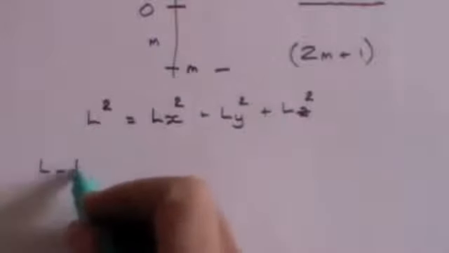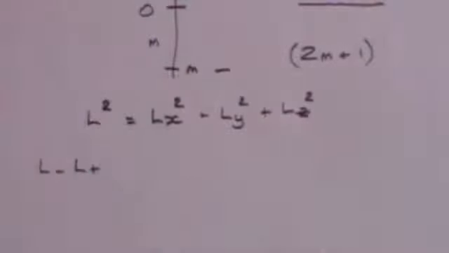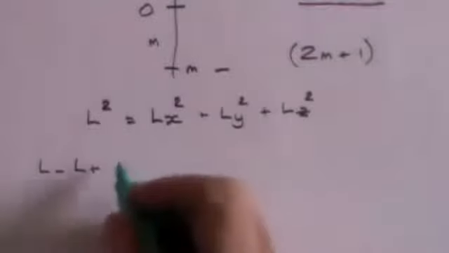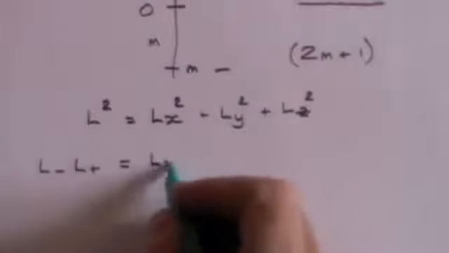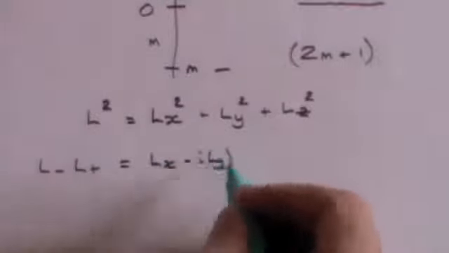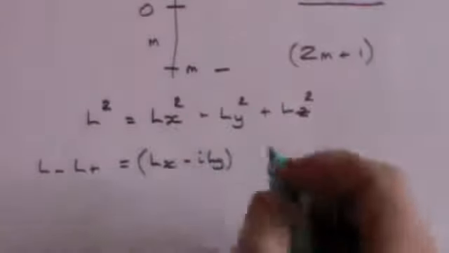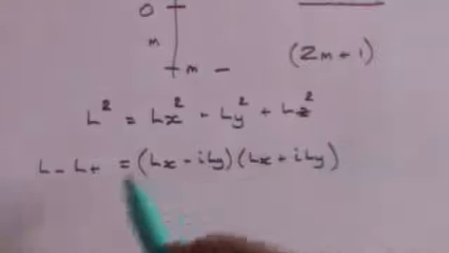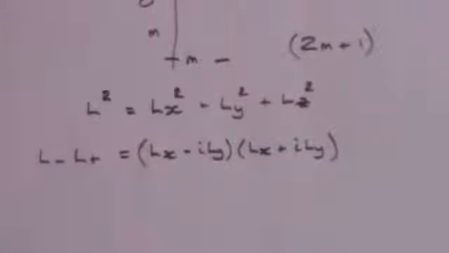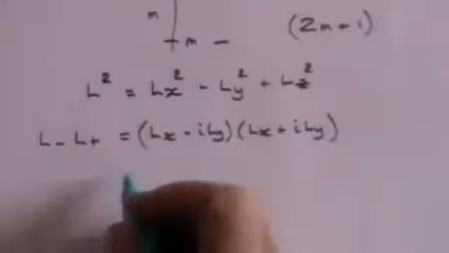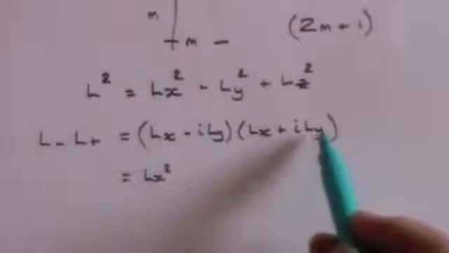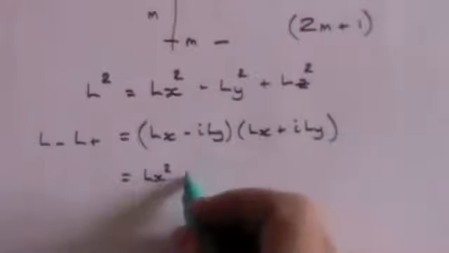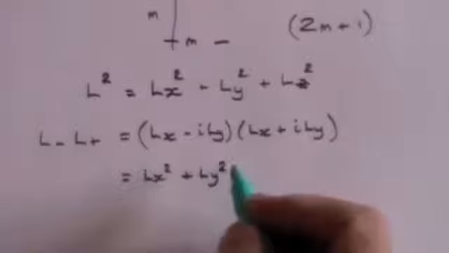I want to find out what is the product L minus L plus. Well, that by definition is going to be Lx minus ILy, which is L minus, times L plus, Lx plus ILy, which is L plus. And if you multiply those out, you will get that Lx times Lx is Lx squared. Minus ILy times plus ILy comes to plus Ly squared.